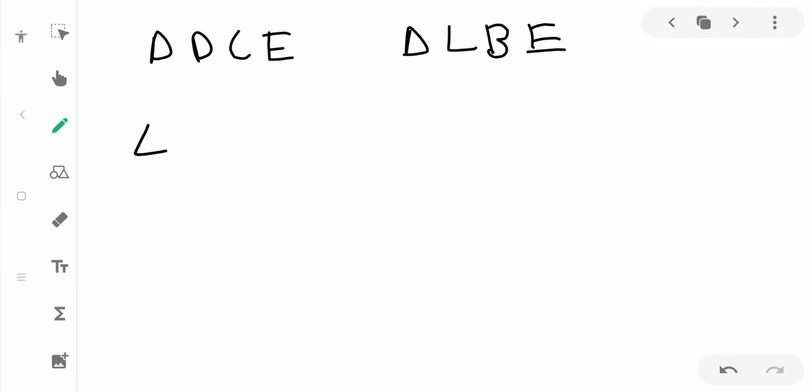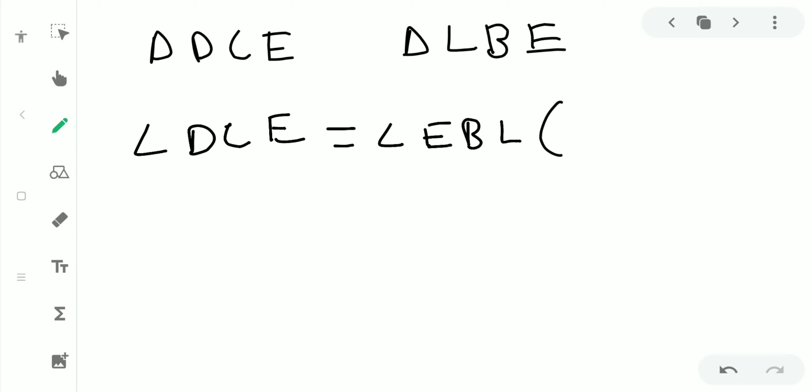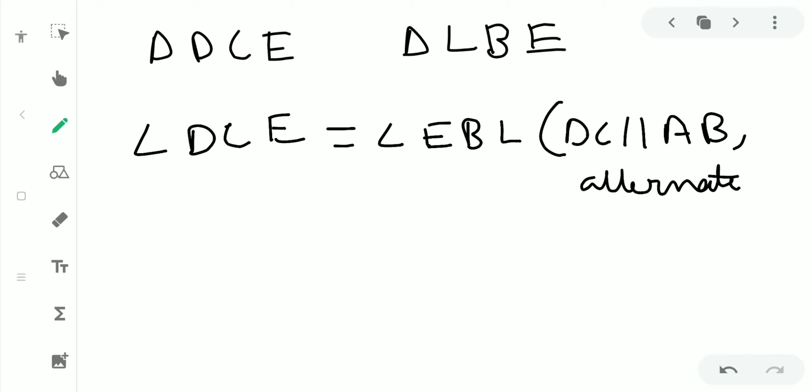Angle DCE is equal to angle EBL or LBE. So DC is parallel to AB, and it is alternate angles.